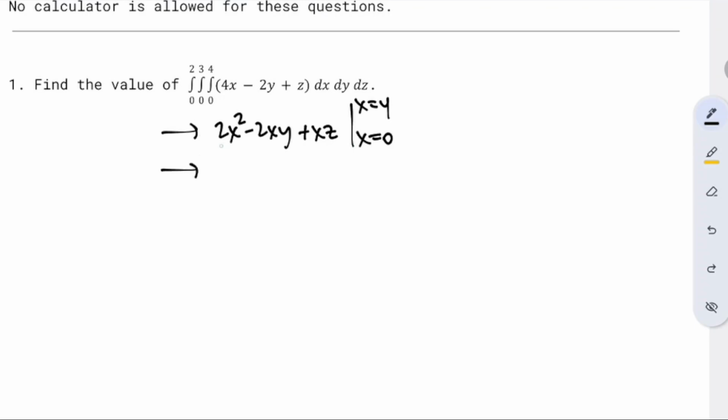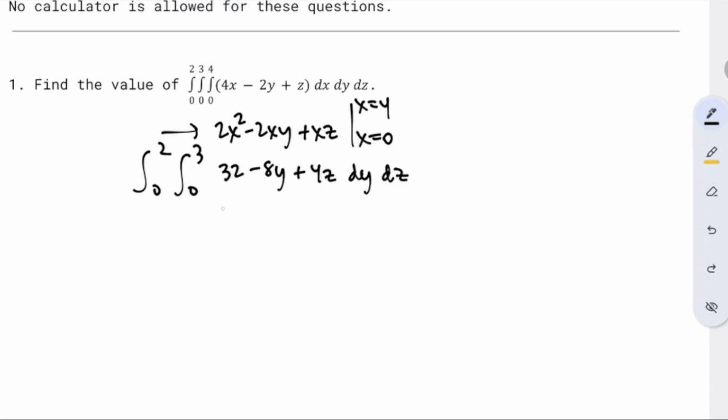Okay, when x is 4, 2 times 16 is 32 minus 8y plus 4z. And then I've got x in all three terms, so when x is 0, they'll all be gone. And so that's now my integrand. Just erase that and say 0 to 3, 0 to 2, dy, and then dz.